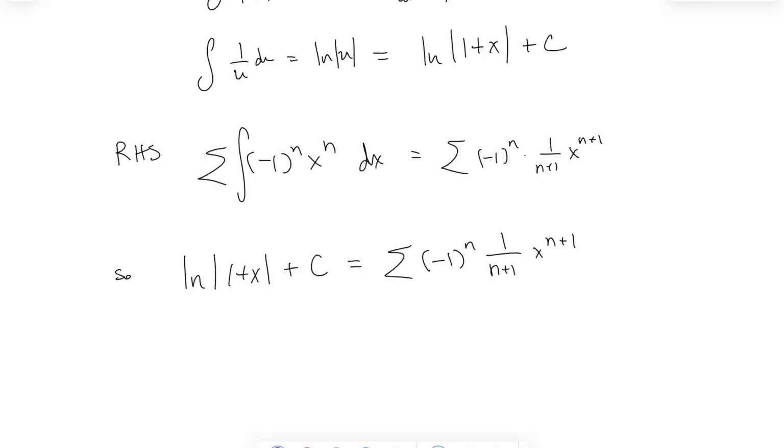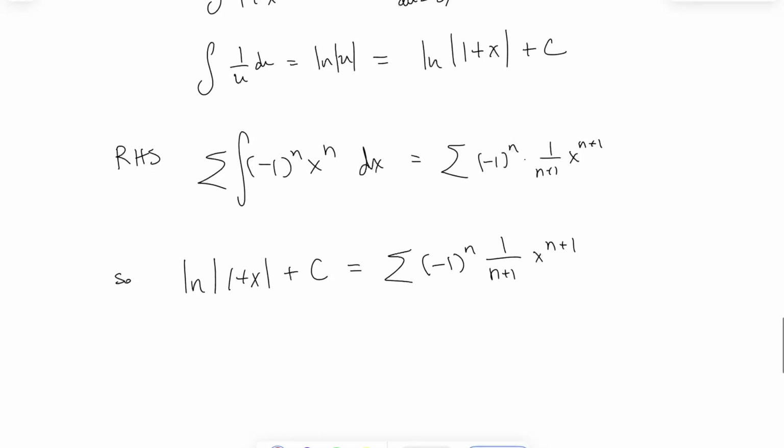Now, it's not a series for ln x. It's a series for ln of 1 plus x, which is a little weird, I suppose. Do I put a plus c next to the series? You have to put a plus c somewhere. So I put it over here. Now, it's the same. If you put another constant over here, you could just subtract it onto this side and put them together. But yes, it has to be on one side or the other.